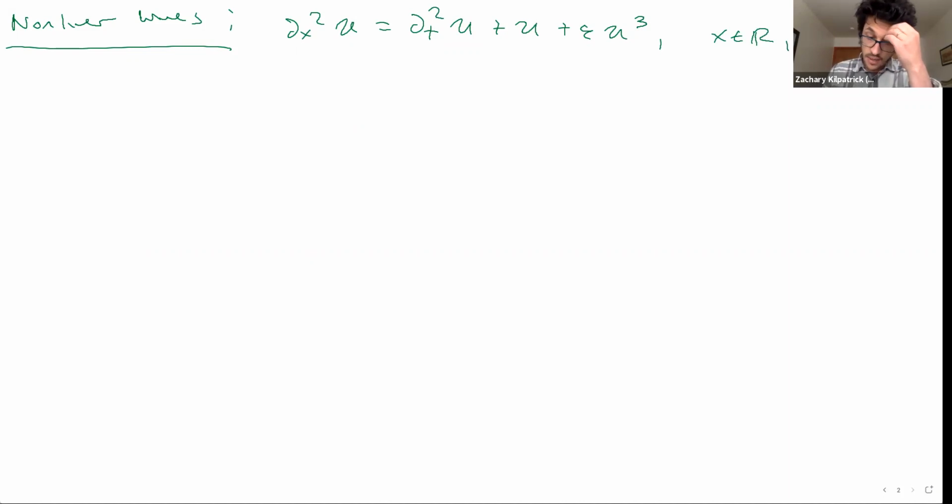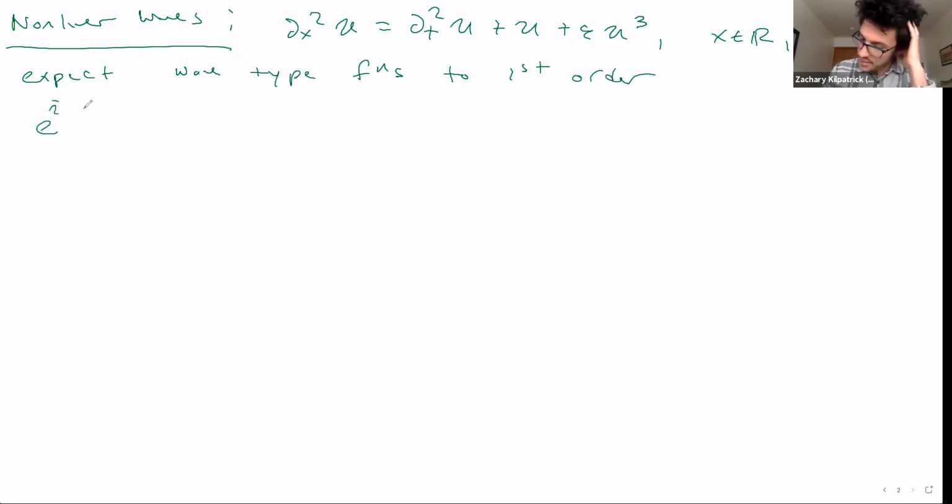And essentially what you should expect is to have wave type functions to first order. And a wave function looks like e to the i (kx minus omega t).